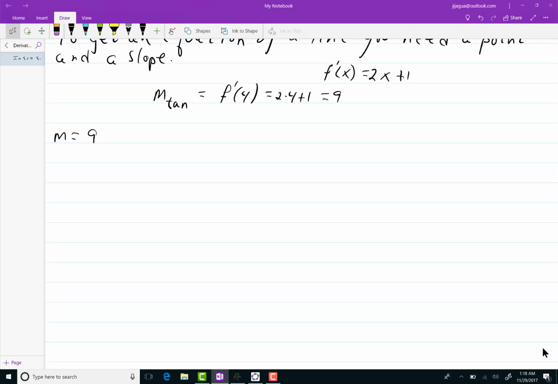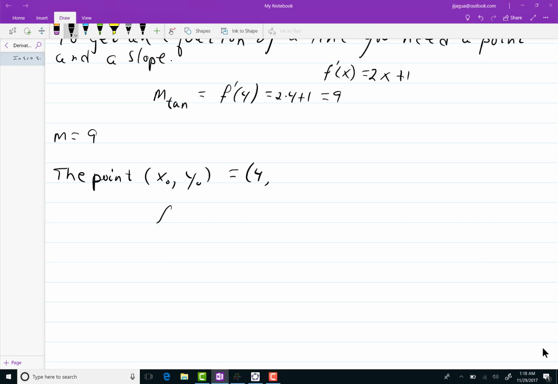Next I need the point. And usually the point, they call it like x sub 0, y sub 0, depending on the book you have or something like that. But in our case, the x value was 4. I just need the y value.